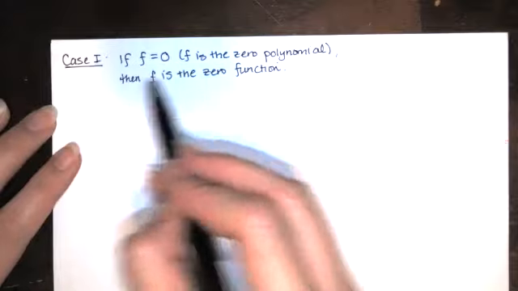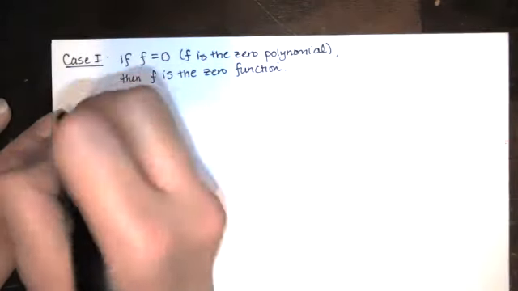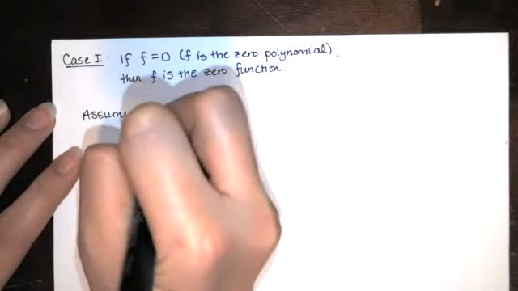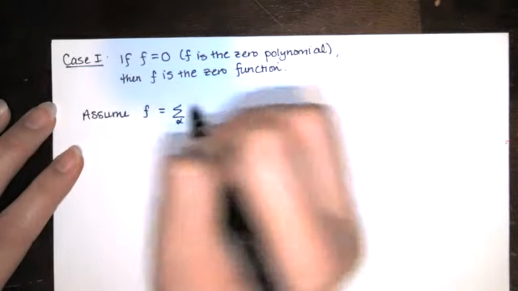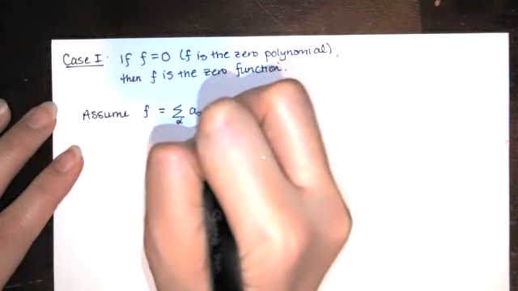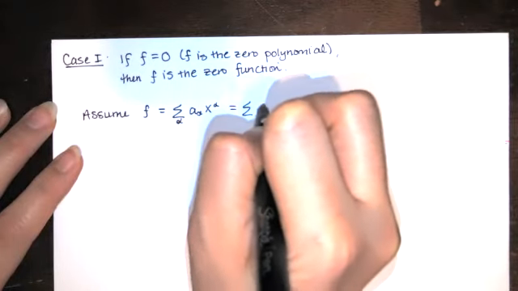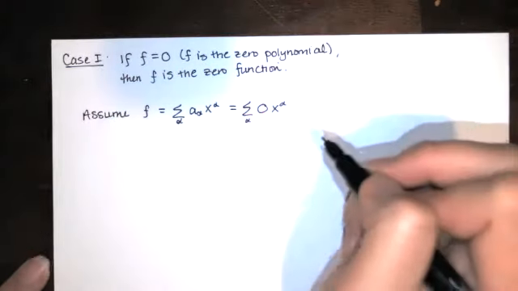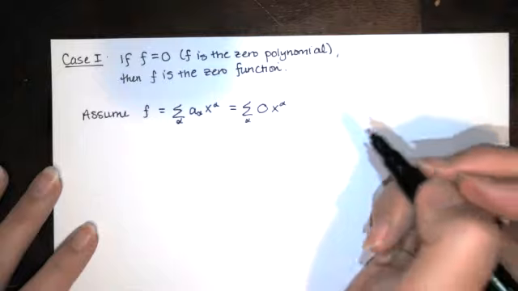So let's say that F is the 0 polynomial. We assume that this is true, and then we try to show that this is true. So all the a sub alpha are equal to 0 for all alpha, and we've got a finite number of alpha there.